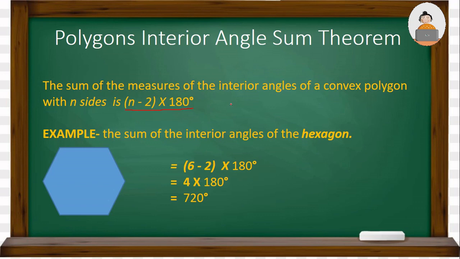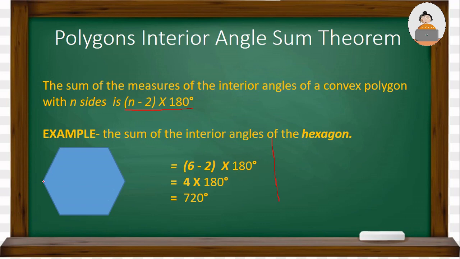So next I have taken an example of a hexagon. As you can see in the diagram, firstly I will do the calculation using the angle sum property, which states that the sum of the angles of a triangle is equal to 180 degree. For that I have to divide this hexagon into non-overlapping triangles.